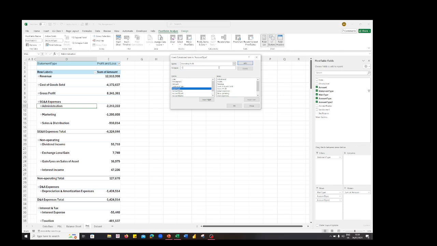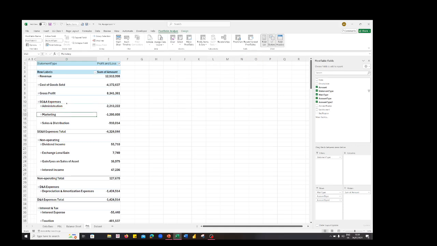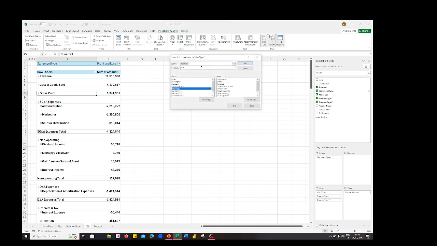Let's check what is happening. Okay, this is the problem. Because we were still referring to gross profit, that is why it truncated the operation.